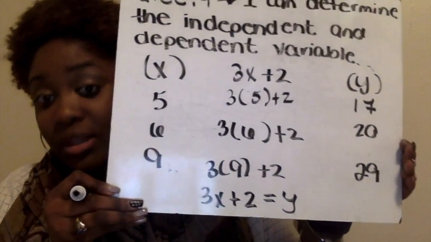That is it. Alright, so an example that I would like for you to do, we're going to do a little bit backwards. I'm going to give you your independent and your dependent variables, your x and your y. Now you have to determine what in the world I am doing to my x to get to my y.